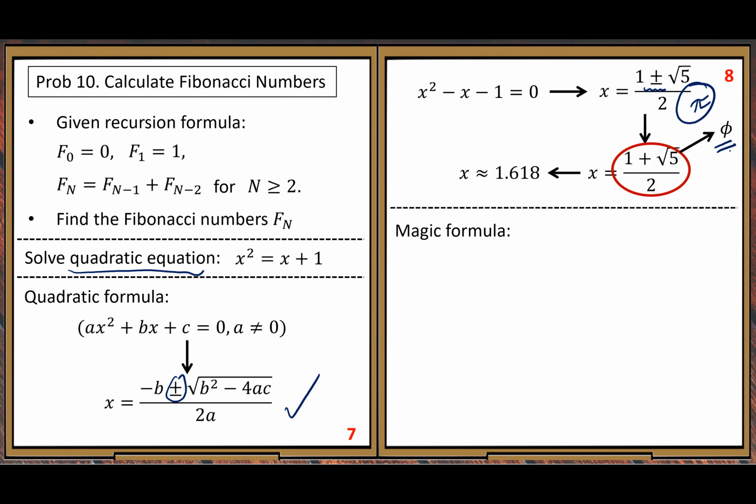With the golden ratio notation, the Fibonacci number can be represented using some magic formula. Why magic? Because it's quite unusual.